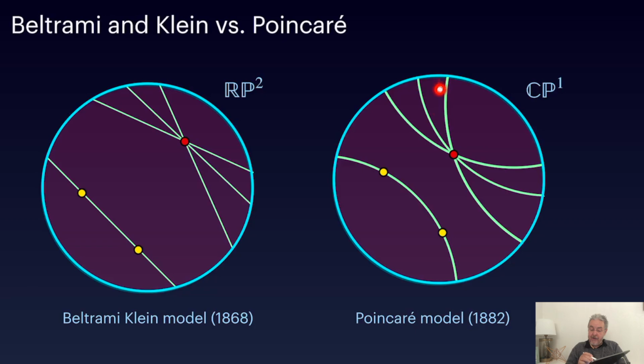They are circular arcs that are perpendicular to the boundary of the limit circle, and it turns out that this model, although the lines are no longer straight, has many advantages with respect to the Beltrami-Klein model, and we learn about those advantages in our next lecture.